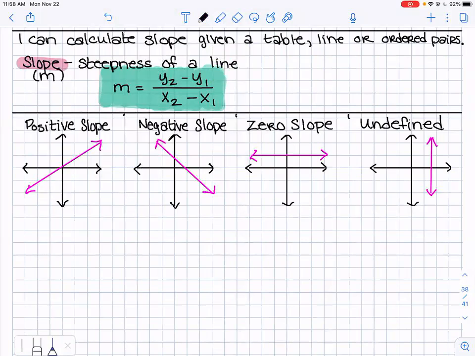Okay, so like we said, positive moves upward to the right. Or, let's say it this way, upward left to right. Always start on the left side of the graph. Okay, negative moves downward, left to right.